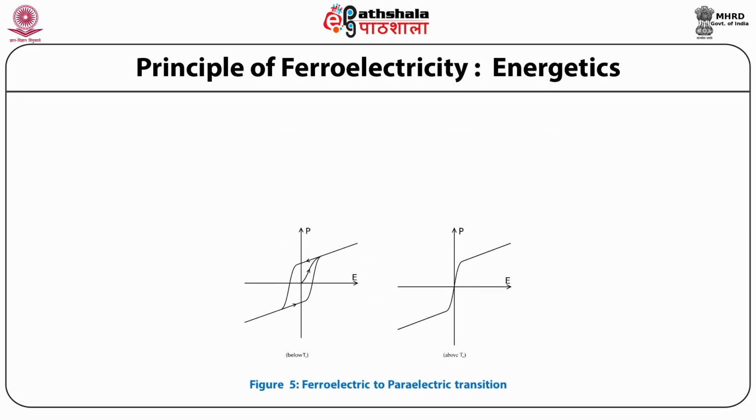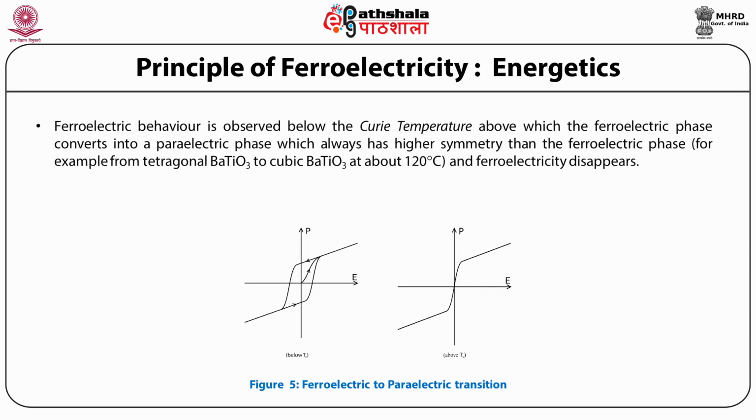Students, you can see the ferroelectric to paraelectric transition, which is shown by this figure. The ferroelectric behavior is observed below the Curie temperature, above which the ferroelectric phase converts into the paraelectric phase, which always has higher symmetry than the ferroelectric phase.